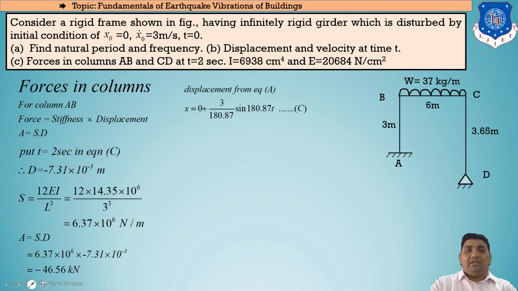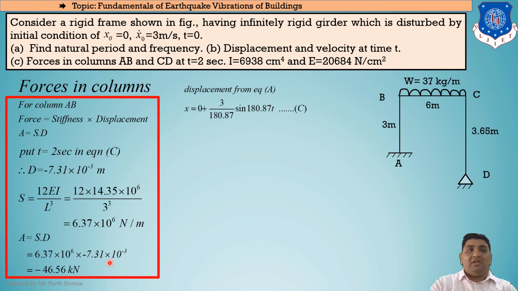The answer comes out to be minus 46.56 kilonewton. The negative sign just indicates the direction. There is no need to worry if the sign comes out negative or positive. Clear? So the force value is 46.56 kilonewton in the negative x direction. This was our force in column AB.